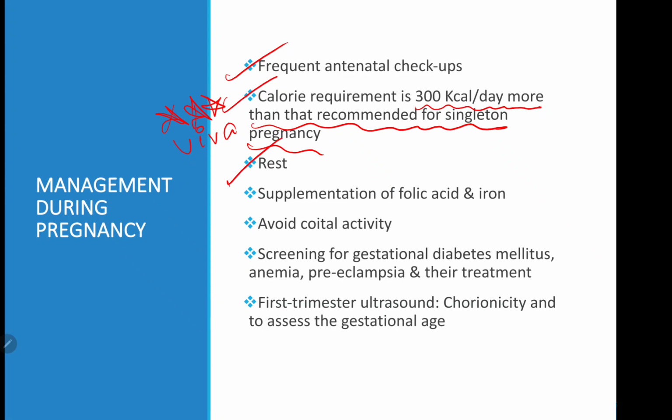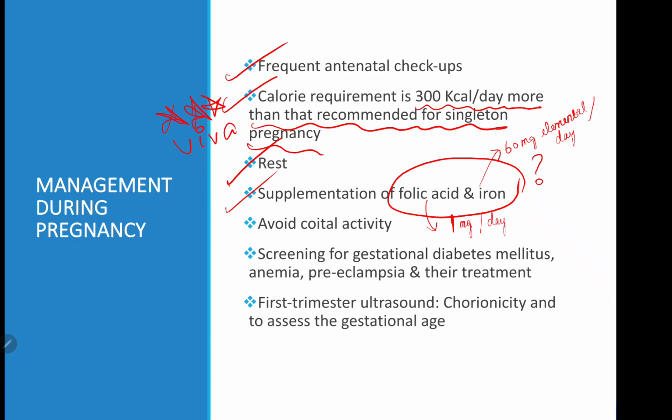Then rest is very important. Supplementation of folic acid and iron. Again, what is the dose of folic acid and iron? The dose of iron will be 60 milligram of elemental iron per day. Folic acid will be 1 milligram per day.